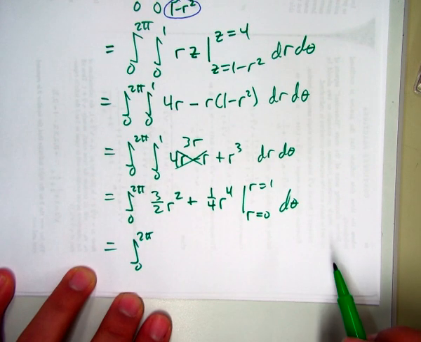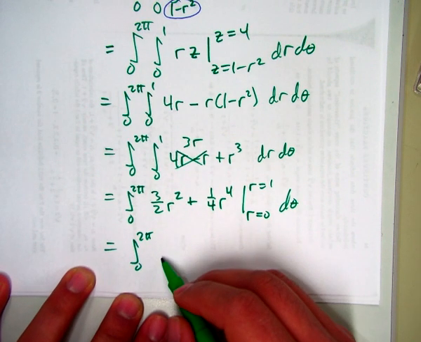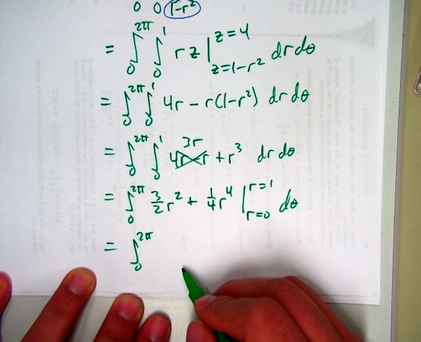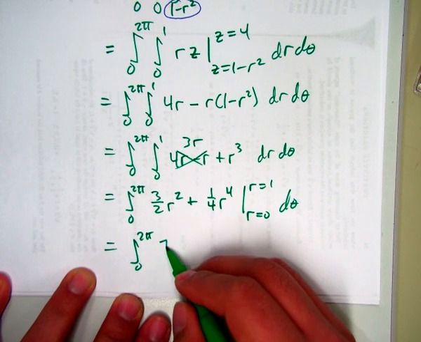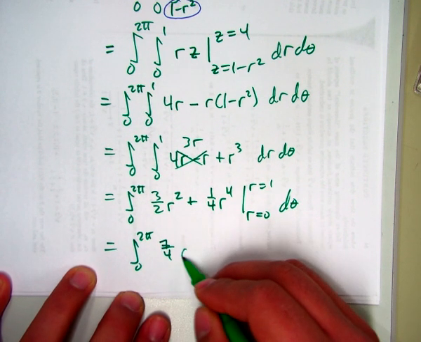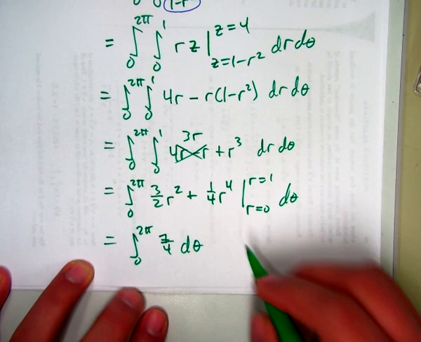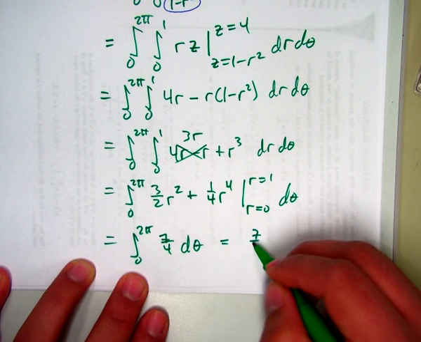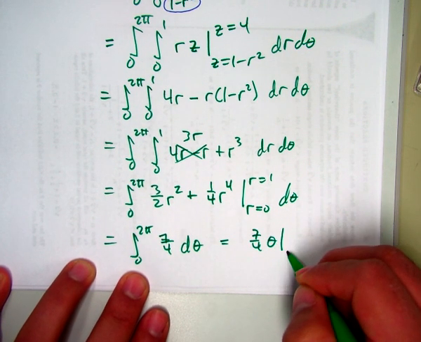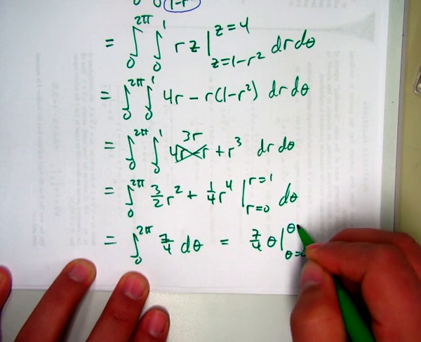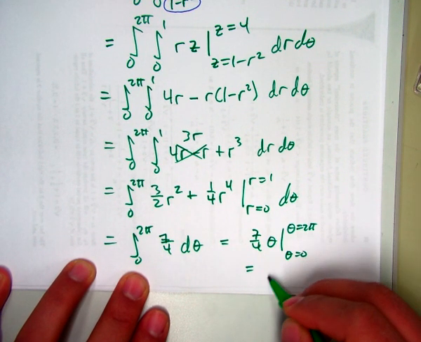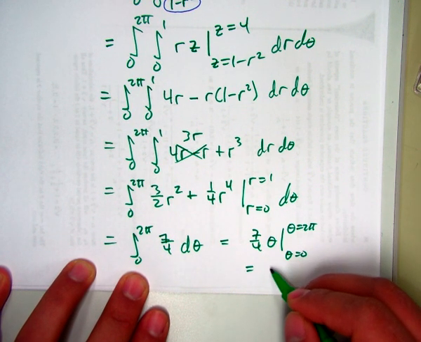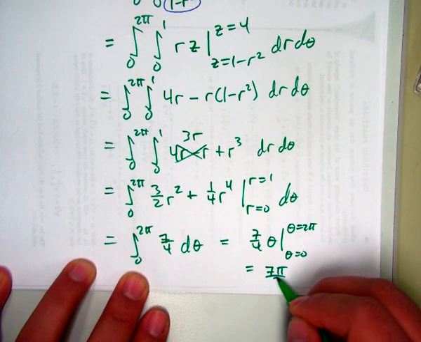Plug in 1, you get 3 halves plus 1/4, which is 6/4 plus 1/4, so 7/4. 0 won't do anything. So then this is 7/4 theta, from theta equals 0 to 2 pi. Final answer is 7 pi over 2.